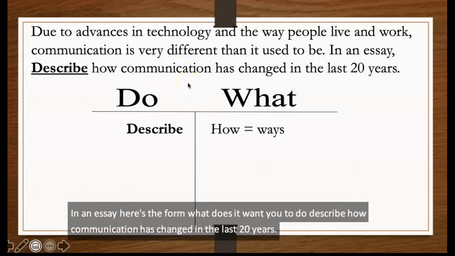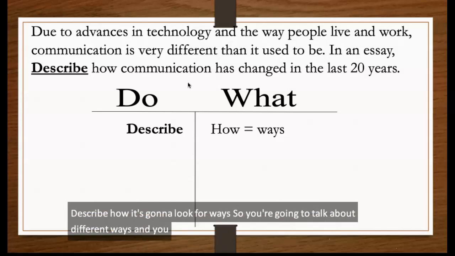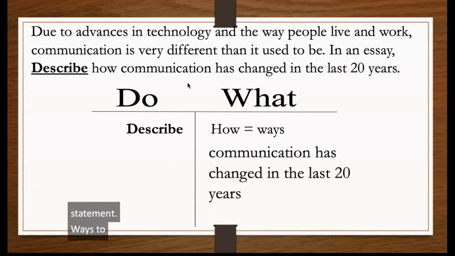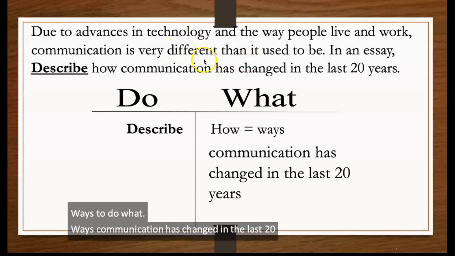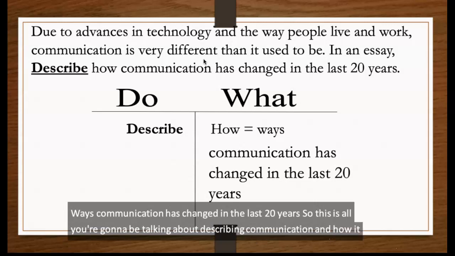Describe how. It's going to look for ways. So you're going to talk about different ways. And you might even mention ways in your thesis statement. Ways to do what? Ways communication has changed in the last 20 years. So this is all you're going to be talking about, describing communication and how it has changed in the last 20 years.